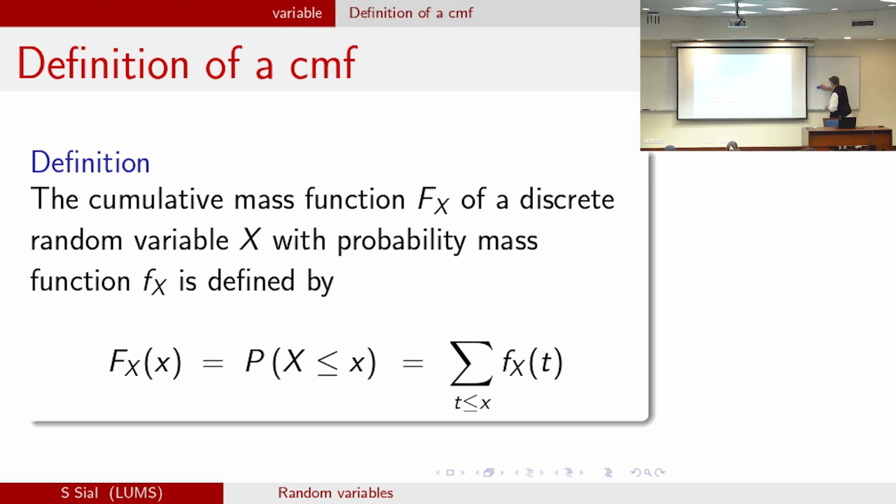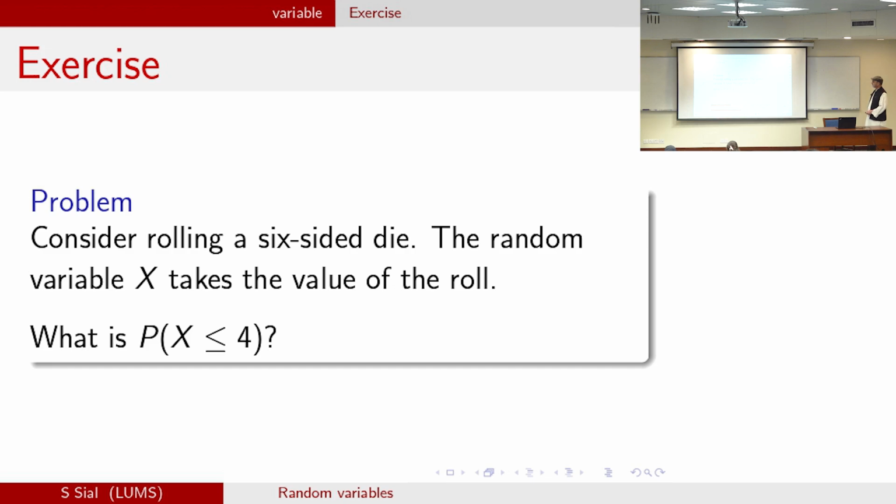Okay, let's go on to a different example. You need to do a few of these to feel comfortable. Consider rolling a 6-sided die. The random variable x takes the value of the roll. So now x can take values 1, 2, 3, 4, 5, 6.